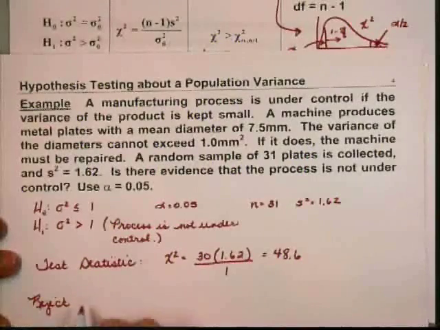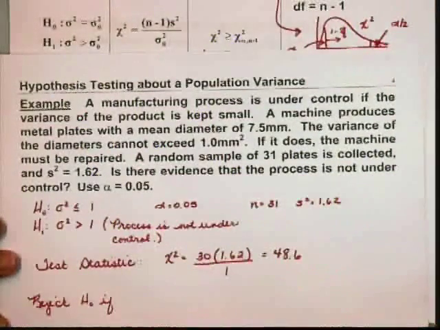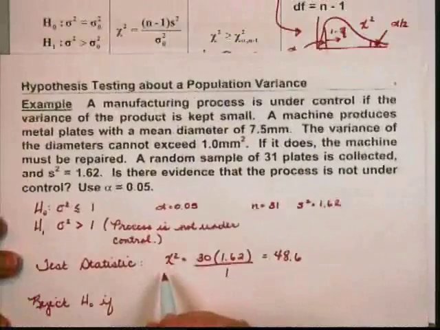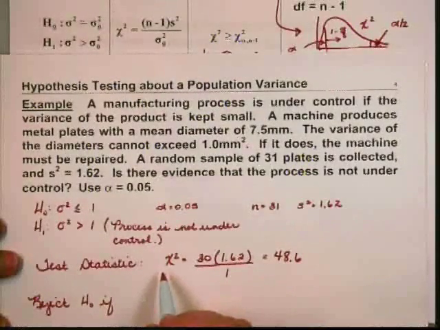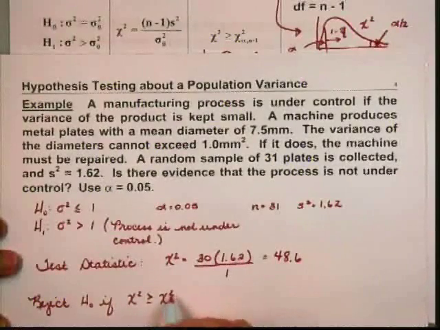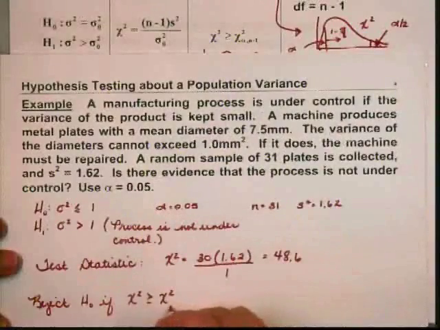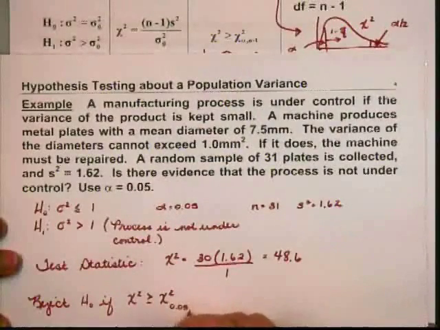We're going to reject the null hypothesis if our chi-square test statistic is large only. Agreed? So if chi-square is greater than or equal to the chi-square determined by right-hand area of alpha, which in our case is 0.05, and the degrees of freedom are equal to 30.